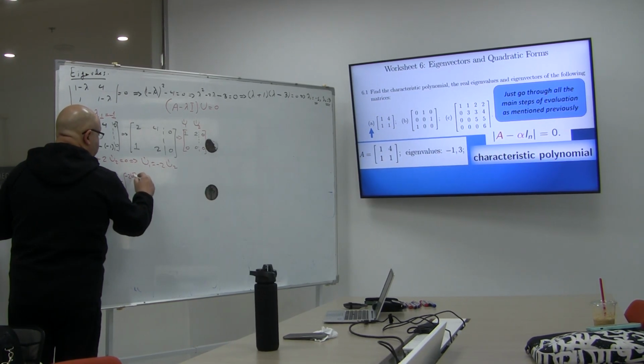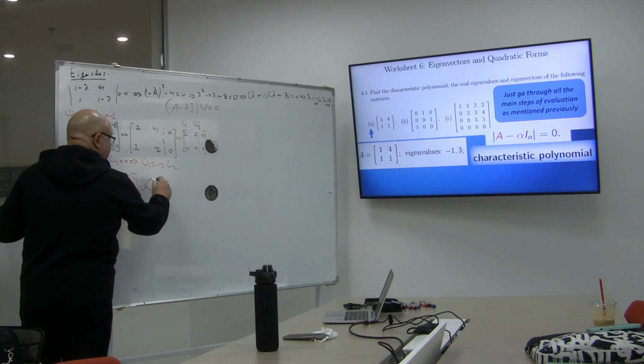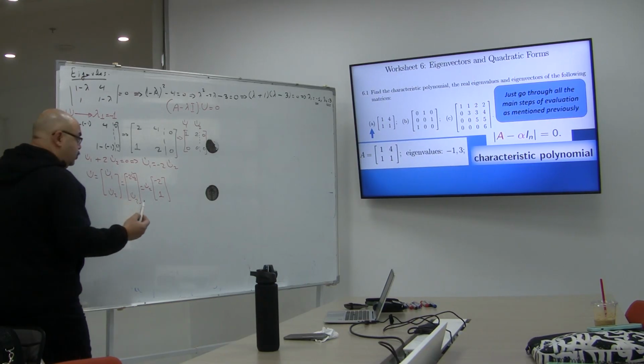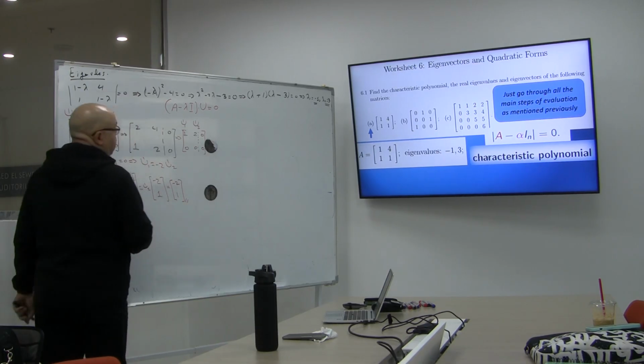Okay, so you will have negative 2 u12, and this is u12. So take u12 as a common factor, as we did yesterday, so it's going to be negative 2 and 1. Consider u12 is equal to 1, so here's your eigenvector, which is negative 2 and 1. That's for the first eigenvector.